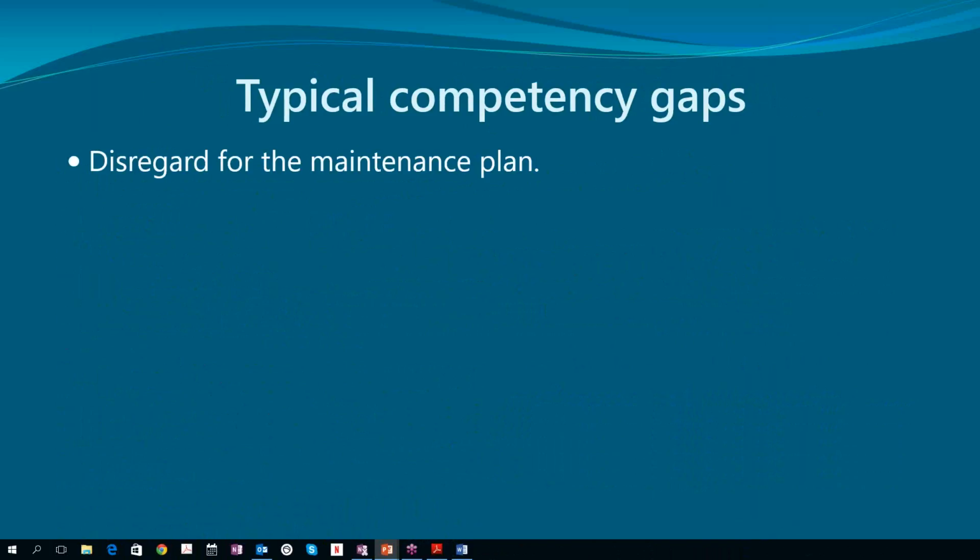Competency gaps, beaten up on maintenance providers. Disregard for the maintenance plan. I hope I'm making that point clear, is maintenance providers have to follow the maintenance plan that a planner or an engineer created, and they have to do those other things that we looked at a few minutes ago. Have to have the maintenance plan and have to follow it. And that puts the burden on our planners to make sure they know how to do a good maintenance plan, but that's another story.